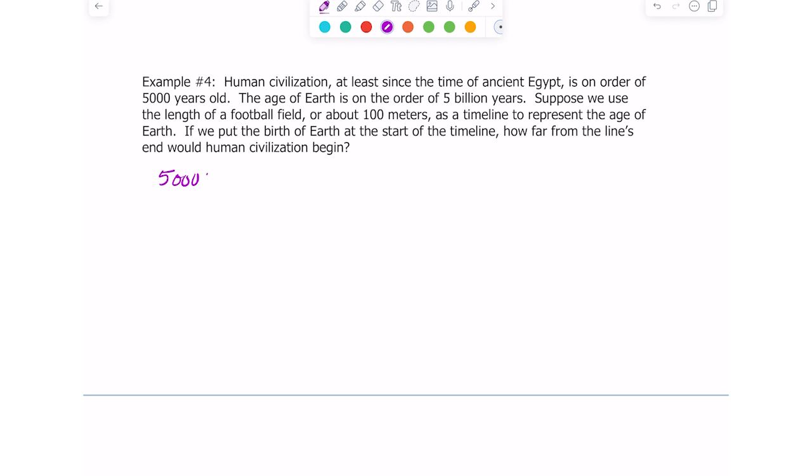So I've got 5,000 years for human civilization compared to 5 billion years for Earth. Well, 5,000 can be written as 5 times 10 to the third years. And 5 billion, remember, is 5 times 10, and then there's 9 zeros. So I know the years cancel. I know that the 5s are going to cancel.